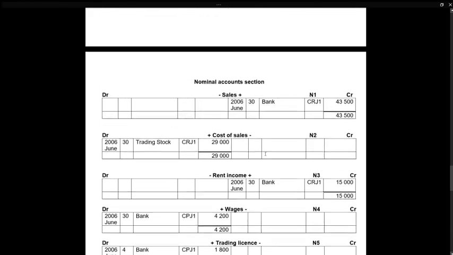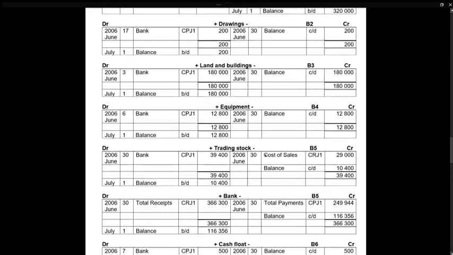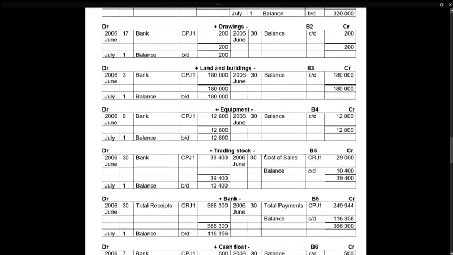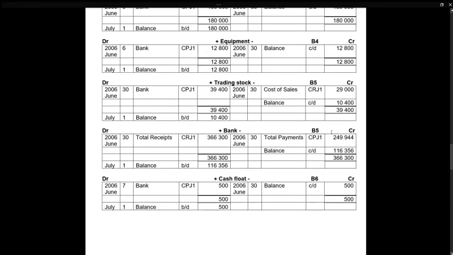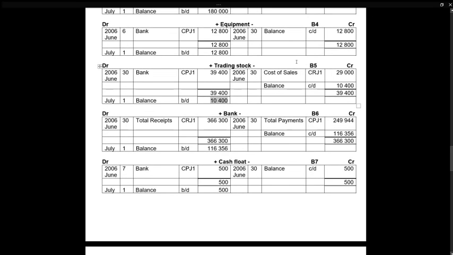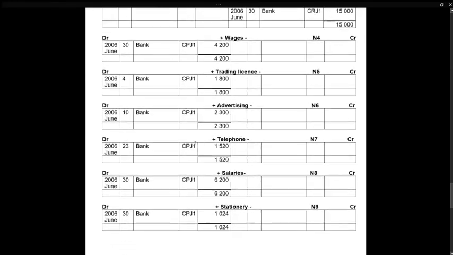Okay. Trading stock. Oh, I see. Here's a mistake. This should be B6 and this should be B7. Right, so trading stock has a debit balance of 10,400 and that should be B5. So I'm just going to insert a line here.